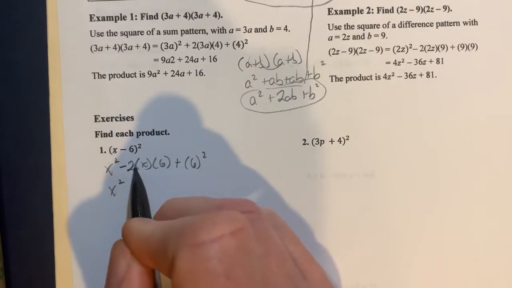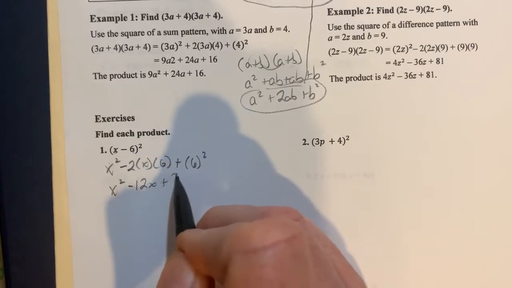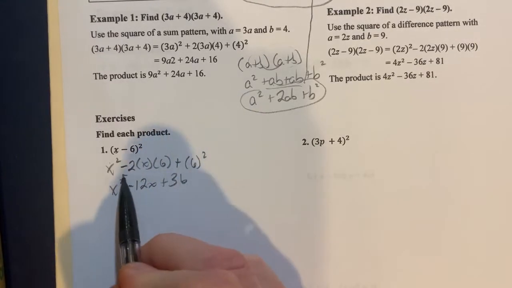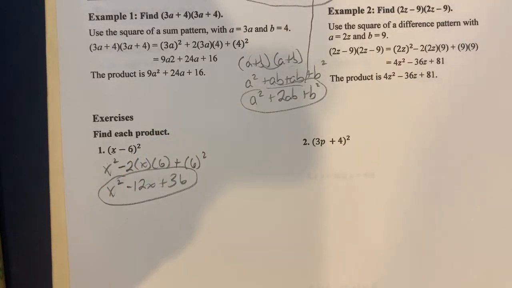So x squared minus 12x plus 36. If I FOIL that out, I would get exactly the same thing.